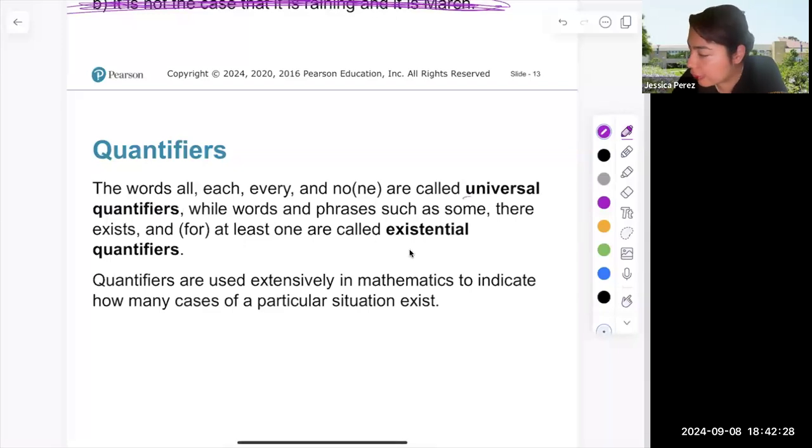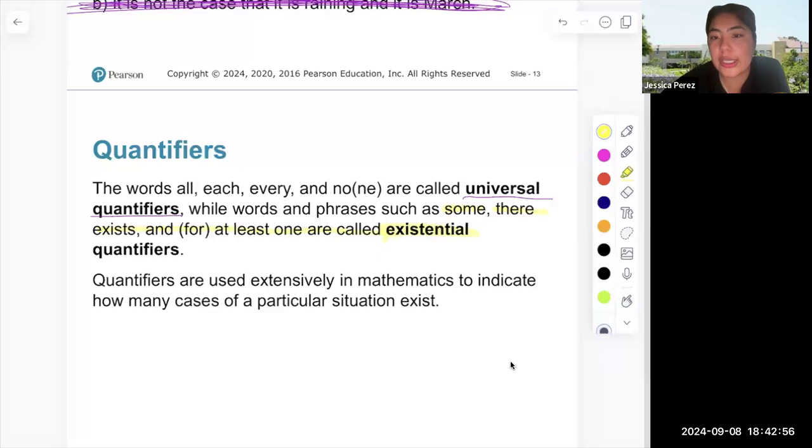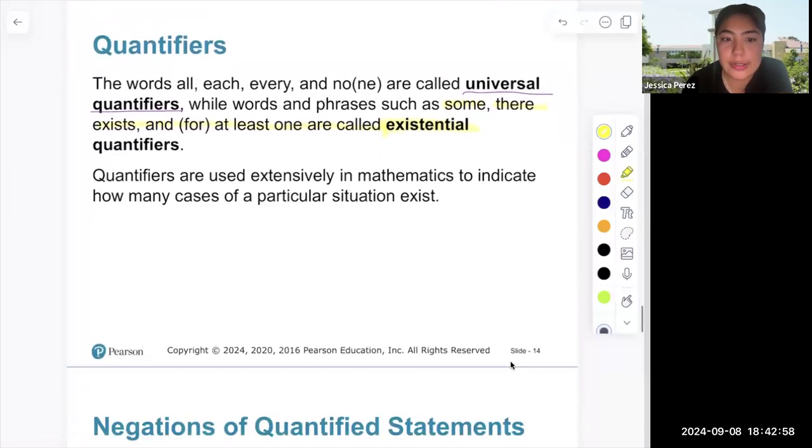Then we have existential quantifiers, which are words like some, there exists, at least one. Those are called existential. So quantifiers are used extensively in mathematics to indicate how many cases of a particular situation can exist.